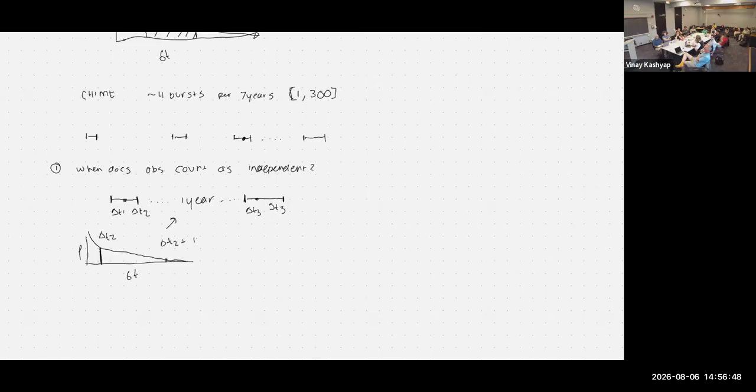That would be the dependent version. Or if you treat the two observations as independent, you would have one constraint where this is greater than delta T2, and another constraint where it's greater than delta T3.